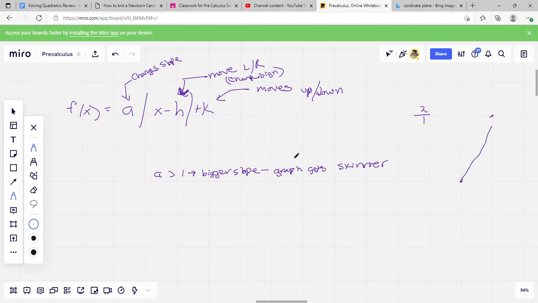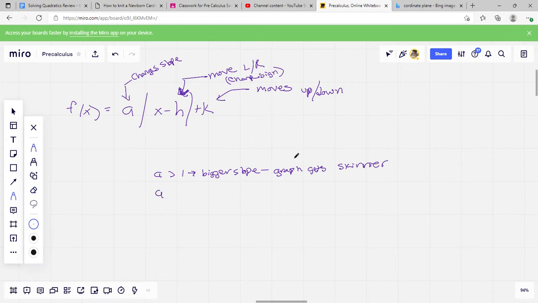If we have a graph of 3 over 1, that means we go up 3 and over 1. See how your graph starts getting skinnier and skinnier, right? The further you get from 0, the higher the number goes.